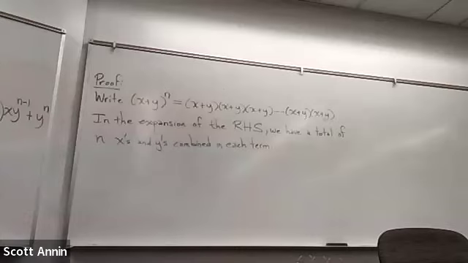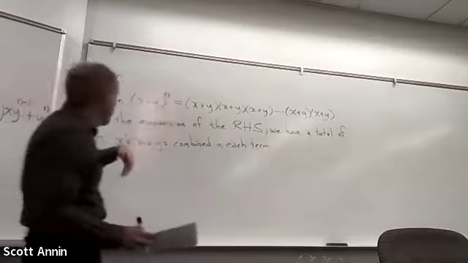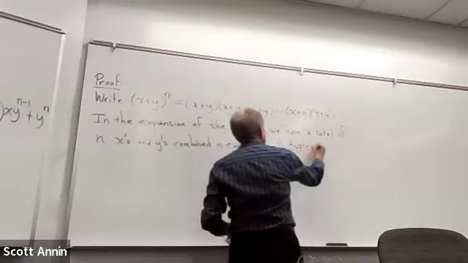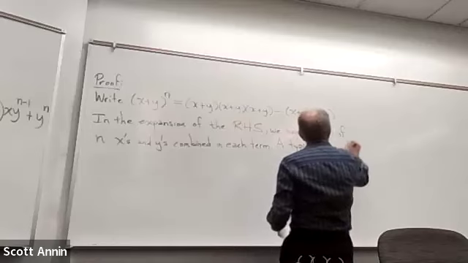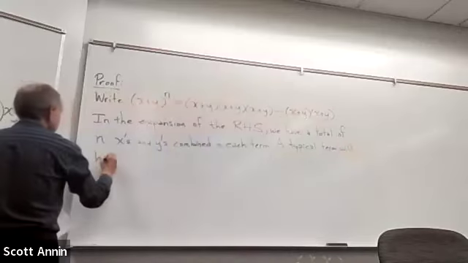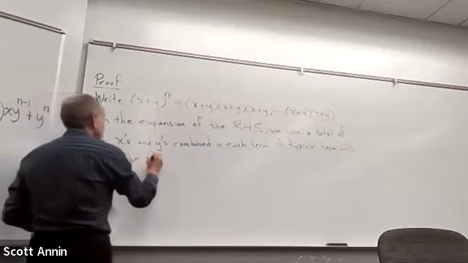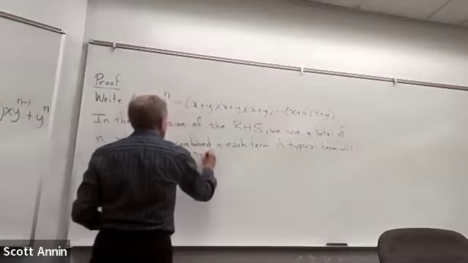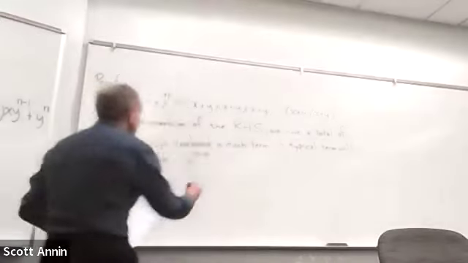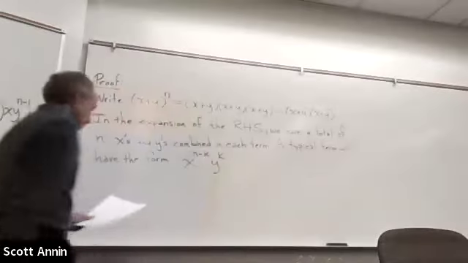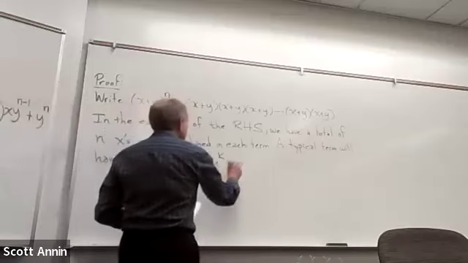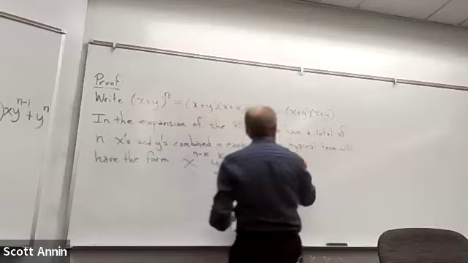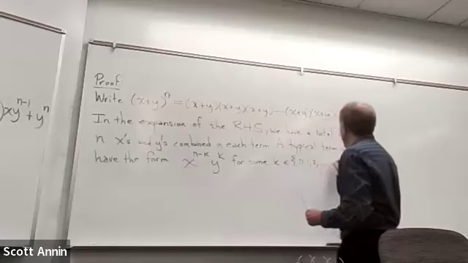In each term, each term has some powers of x and powers of y, but the powers add up to n. So a typical term will have the form x raised to the power of n minus k, since I have n minus k of the x's, and I also have k of the y's, for some k which has to be between 0 and n inclusive.